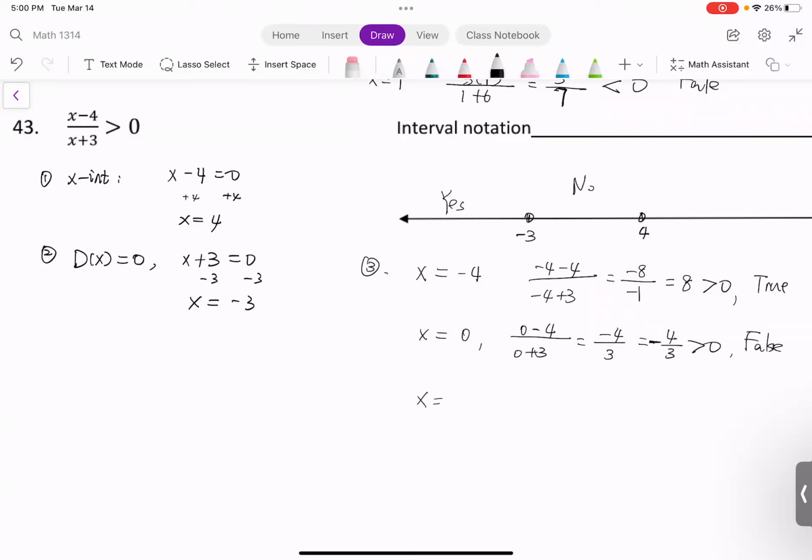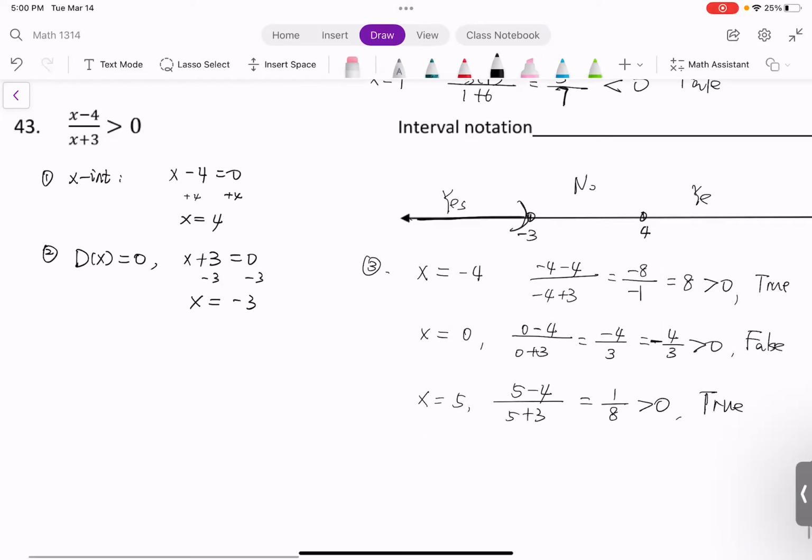And the other key point, x equals 5. On the top, 5 minus 4, over 5 plus 3. We have 1 over 8. Is that greater than 0? Yes, it is. That's true. So yes, I can highlight this area, and then highlight this area.